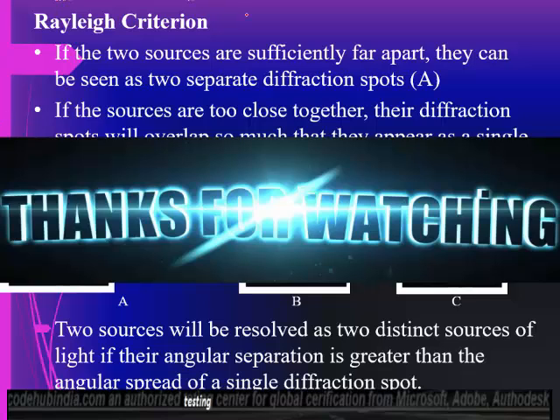If the two sources are far apart, they do not overlap in their respective patterns. If the sources are close together, they directly overlap.